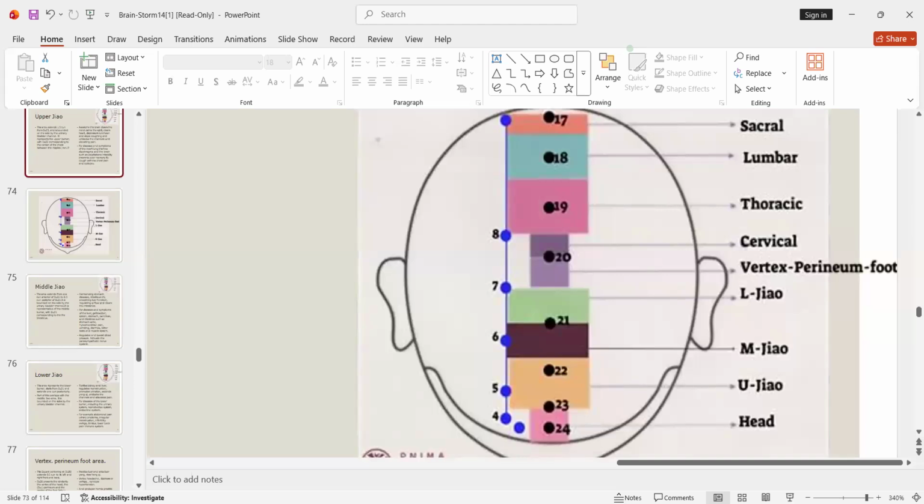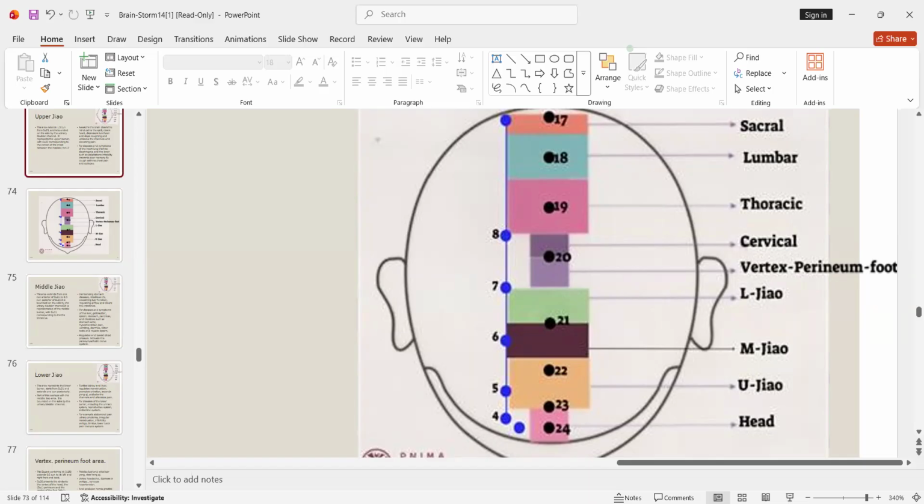Then the thoracic area is 1.3 chun area. It is for thoracic region problems: when there is pain between the shoulders, then shoulder problems, then upper back pain, all these problems are treated with the thoracic area.